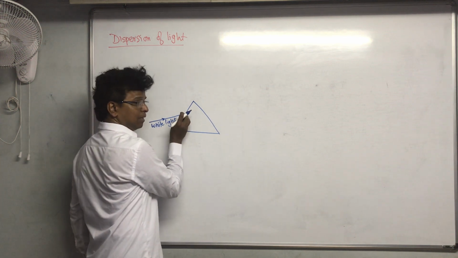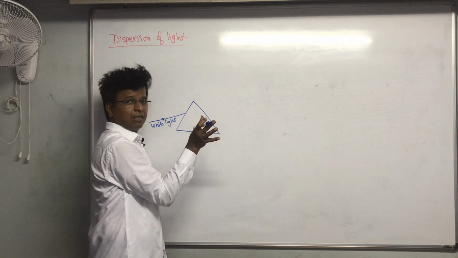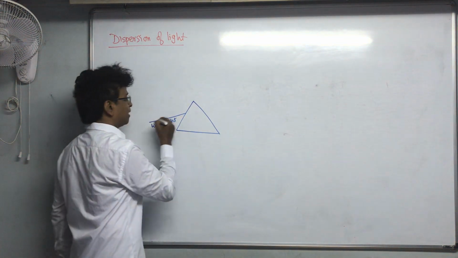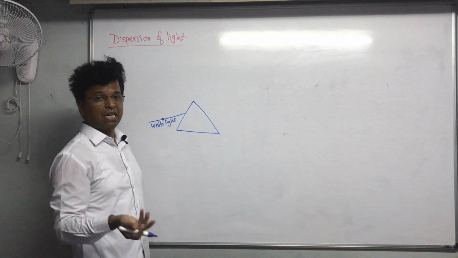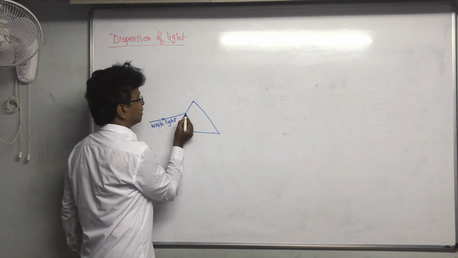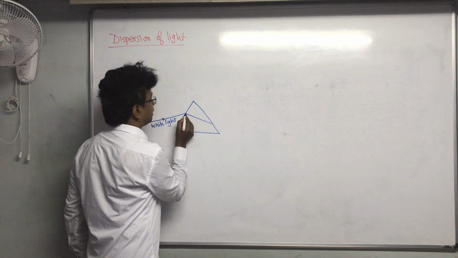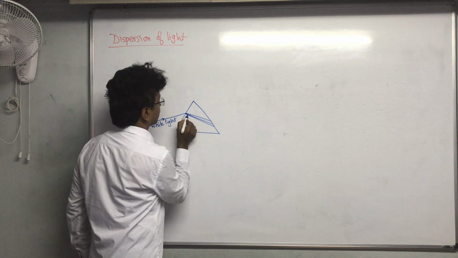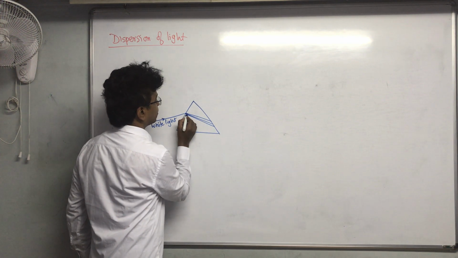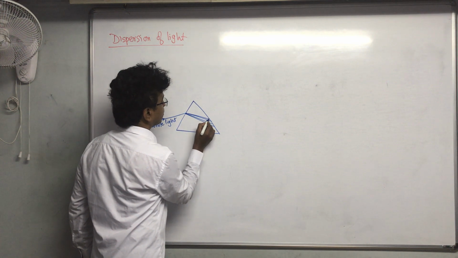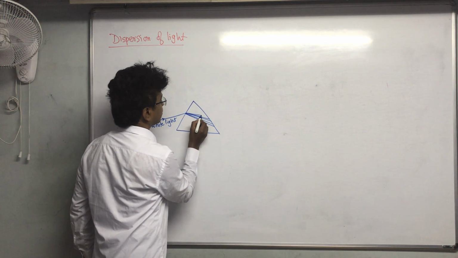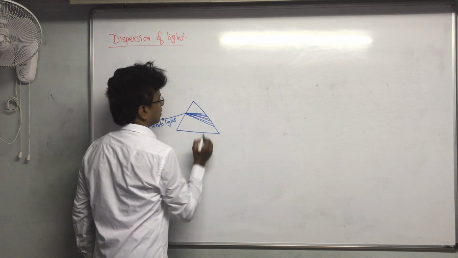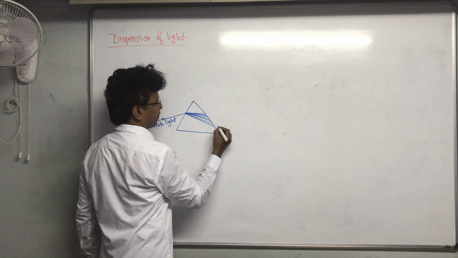This light disperses into its component colors, constituent colors. White light is having number of colors in it, and it disperses into its component colors. Basically, these colors are nothing but seven colors.